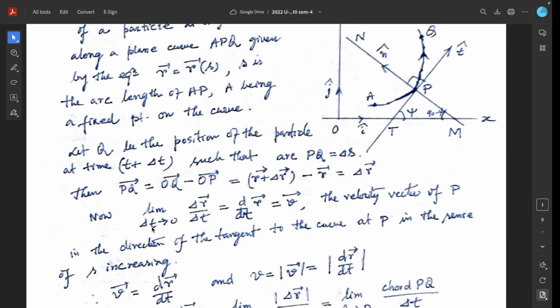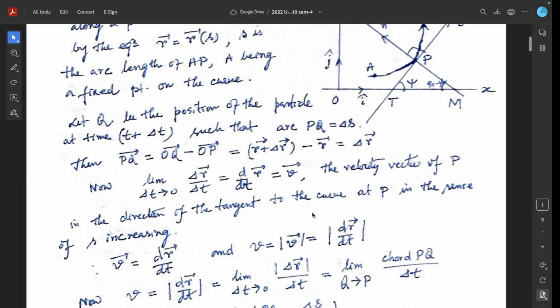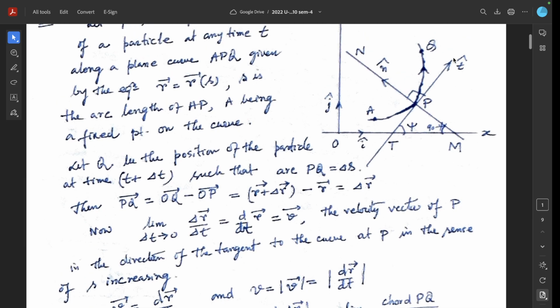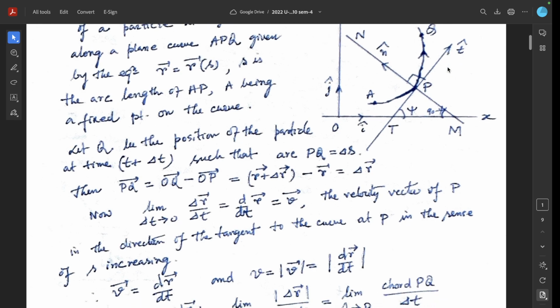Now limit delta t tends to 0, delta r vector by delta t is equal to d/dt of r vector, which is the velocity vector of the point P in the direction of the tangent to the curve at P in the sense S increasing.